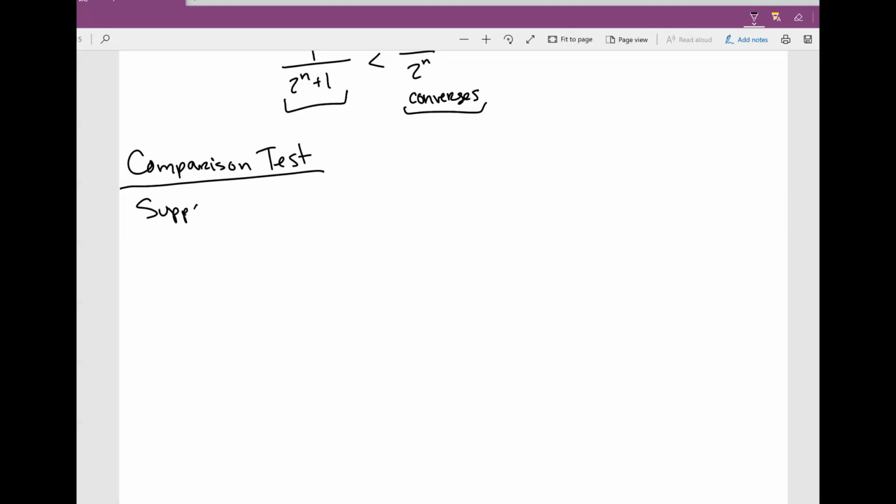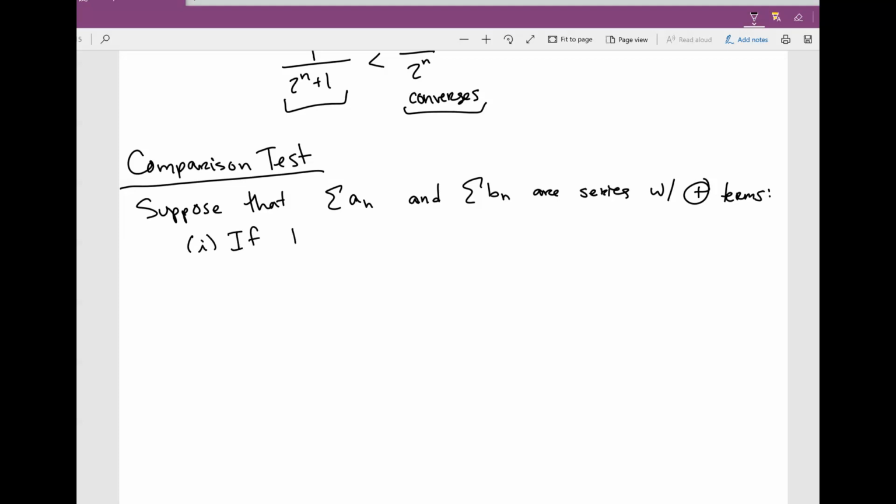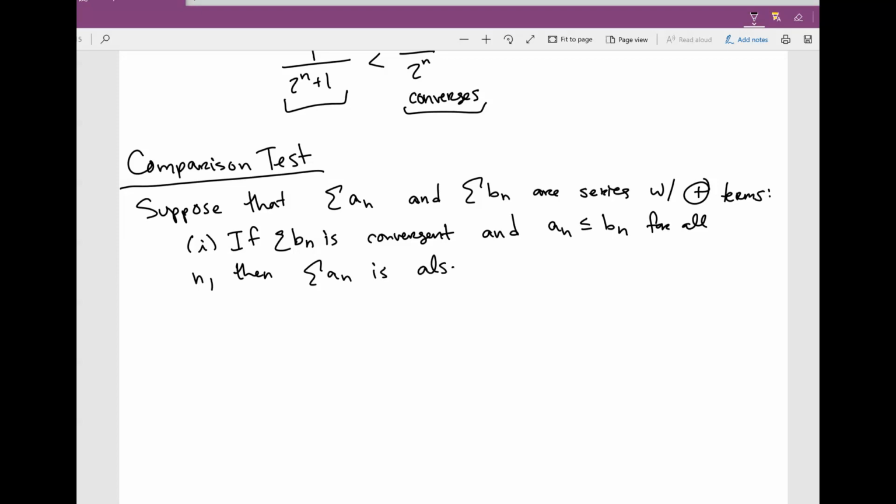Suppose that the sum of a sub n and the sum of b sub n are series with positive terms. So this is what you can say. If the sum of b sub n is convergent and a sub n is smaller than or equal to b sub n for all n, then the sum of a sub n is also convergent.